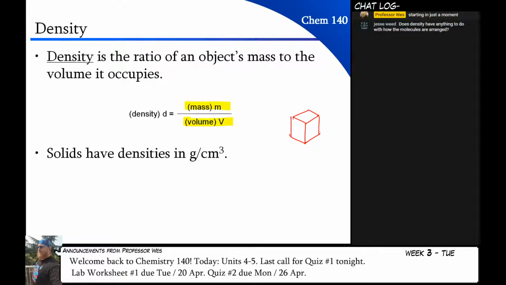Some atoms are just heavier than others. For example, lead is very heavy because it has tons of protons and neutrons in its nucleus, whereas something like helium has only 2 protons and 2 neutrons, or 1 to 3, I guess. And also it's a gas. So the state matters, how it packs, how big the atoms are. And yeah, you'll see it in physics as well.